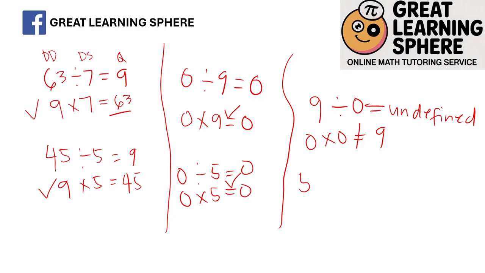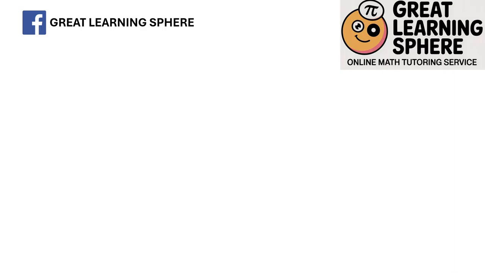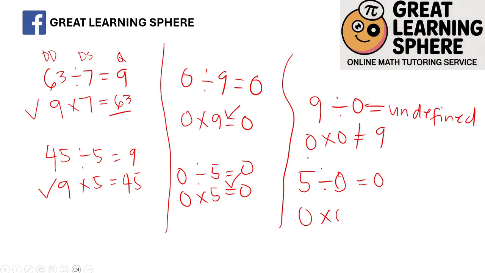Another example, again, we will assume that the answer must be 0. So, let's have 5 divided by 0 is equal to 0. Quotient times the divisor, 0 times 0 must be equal to 5.